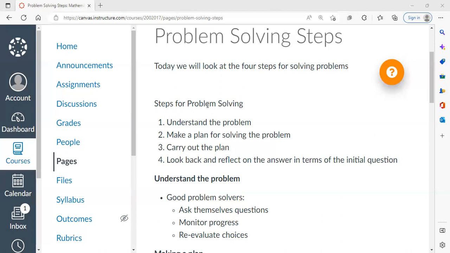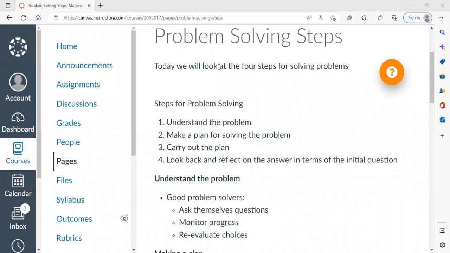Yes, miss. So when we identify keywords, we can also do other things as well. We can draw diagrams. We can make tables, as well as we can do both. We can identify keywords and then we can draw diagrams afterwards to help us solve a problem or assist with the keywords in solving the problem, right?